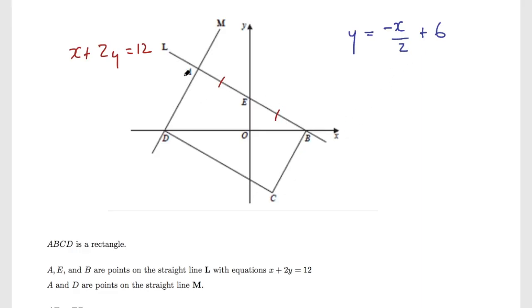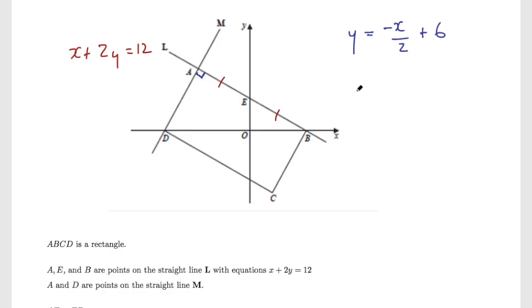And because we're told that A, B, C, D is a rectangle, we know that all of these lines meet at 90-degree angles. So we know that L and M meet at 90-degree angles. And you should hopefully know a fact about perpendicular lines, or lines at 90 degrees, and their slopes.